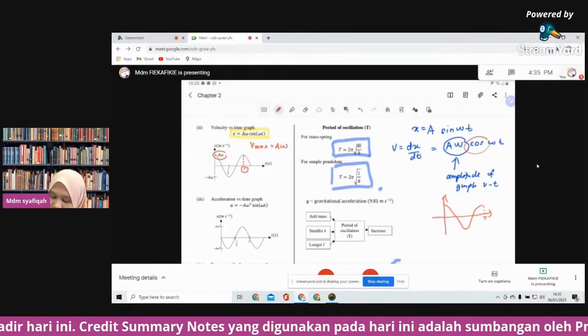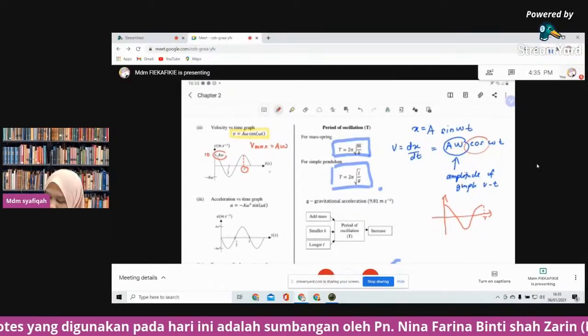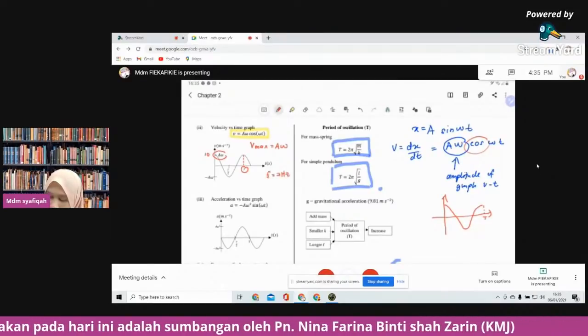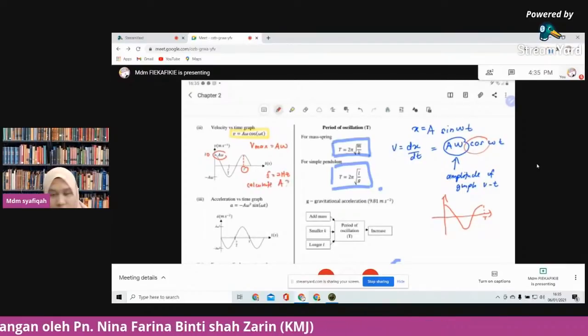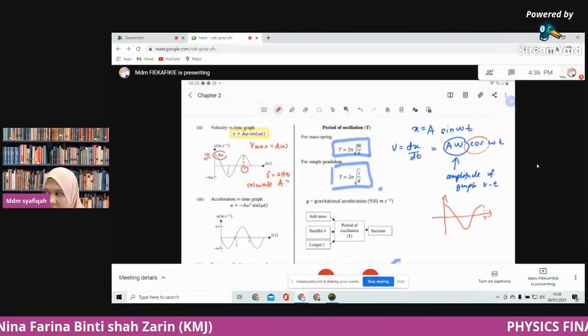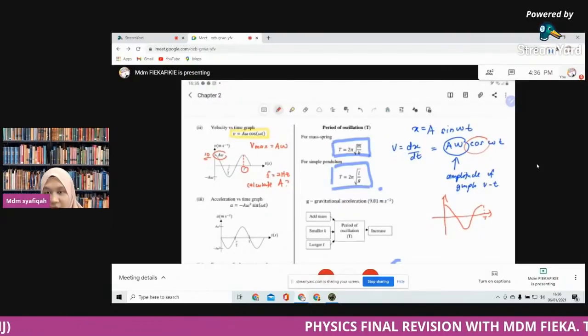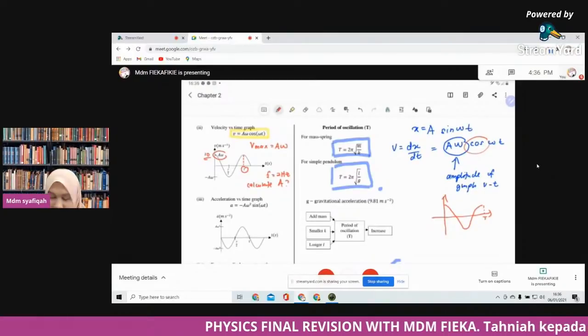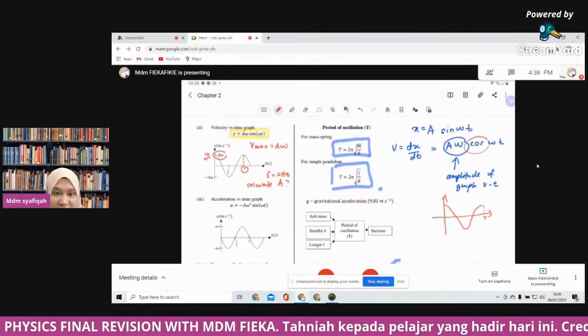Kalau soalan tu letak sini nilainya 10 and then dia bagi you frequency. Calculate amplitude. You ambil sini nilai 10 meter, amplitude is equal to 10 meter, salah. Okay? This is not the amplitude. This is the amplitude of velocity.